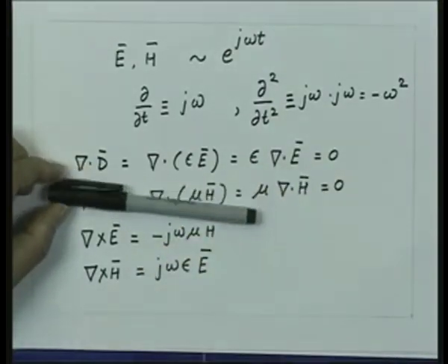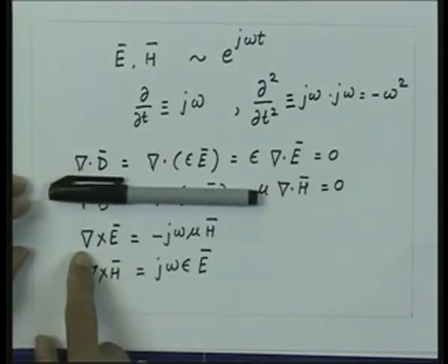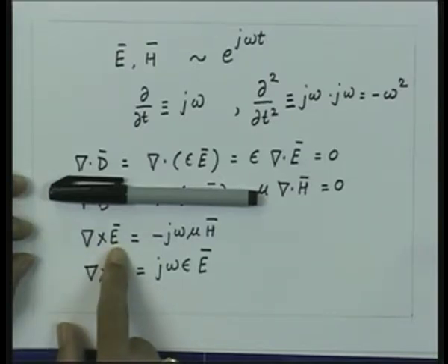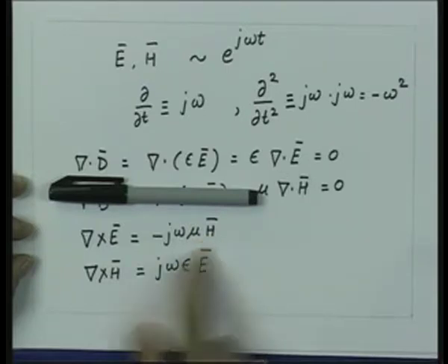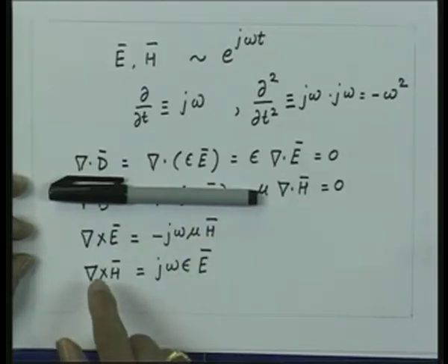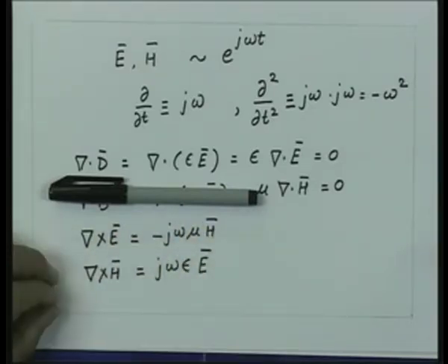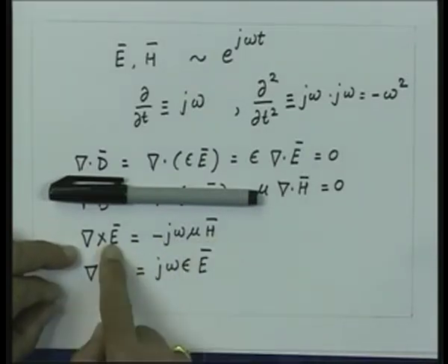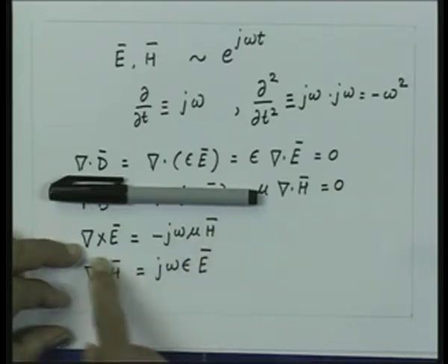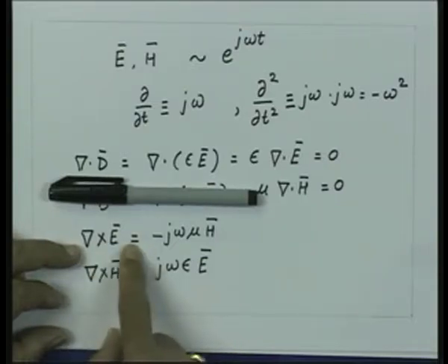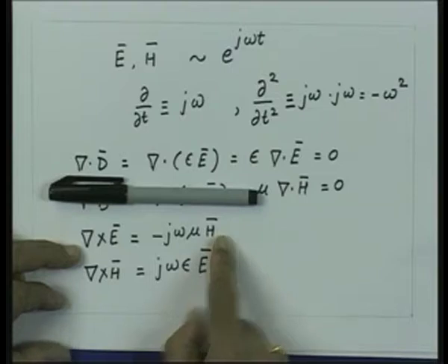Now if I look at these two equations here, the space derivative of the electric field is related to the time derivative of the magnetic field. This equation, if I recall, is similar to what we had got for transmission lines. In a transmission line, if I replace electric field by the voltage and magnetic field by current, then in the transmission line I had the derivative of voltage equal to minus j omega L times current.